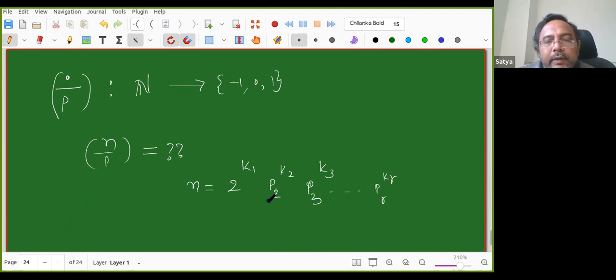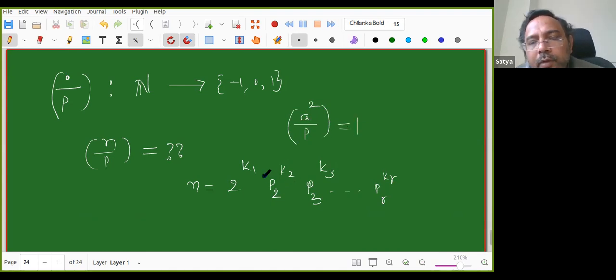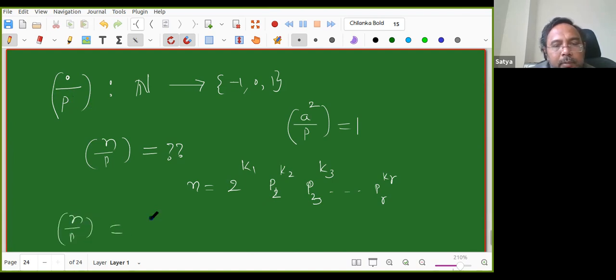In the previous class we discussed that whenever it is a square, automatically it is 1, so I don't worry about that. This function is completely multiplicative, that also we saw. Because of that, (n by p) becomes (2 by p)^k1 and so on.